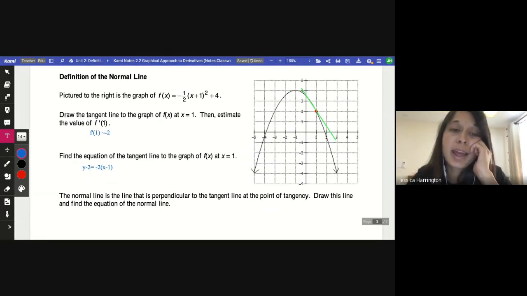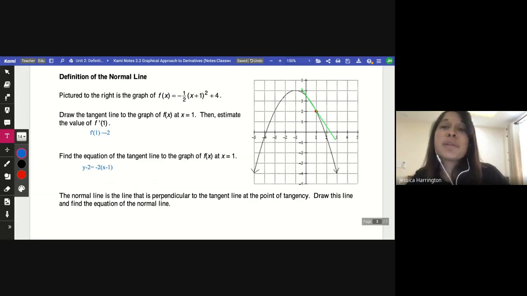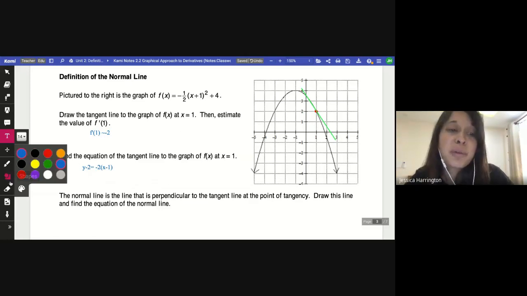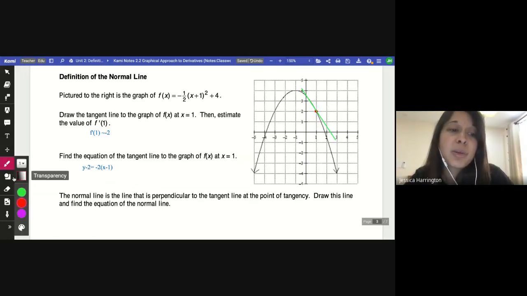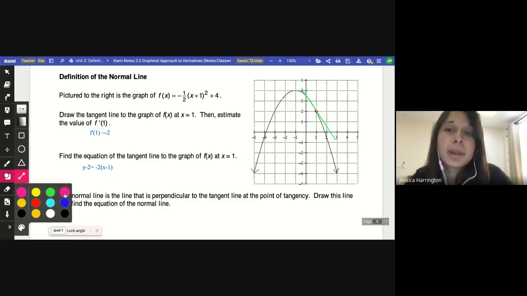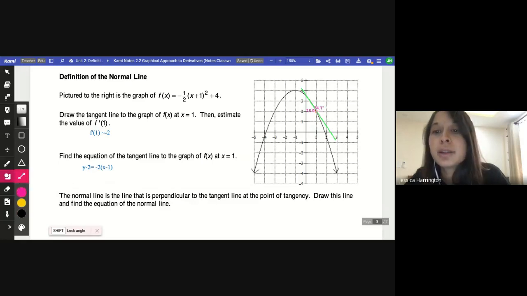And sometimes you'll be asked to find the equation of the normal line. So all you have to remember is what a normal line is. So a normal line, let me get the pink, is simply the line that is perpendicular to the tangent line, right?